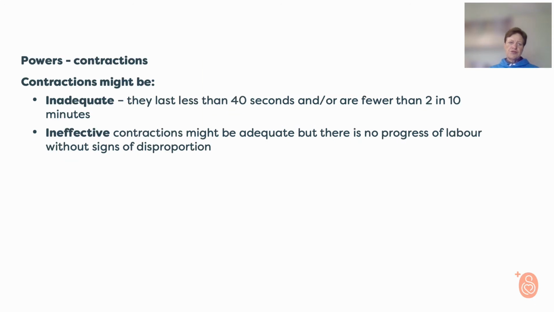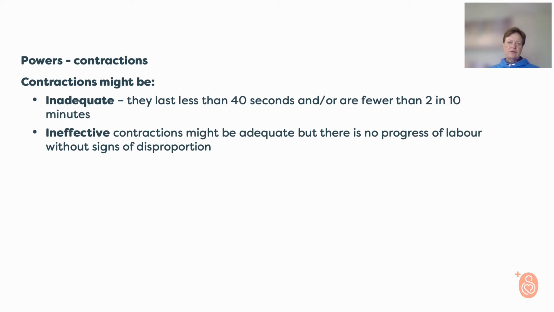And that brings us to the third P, which is contractions, the powers. The contractions obviously are very important for the progress of labor. If the contractions are not adequate or effective, labor might be prolonged.